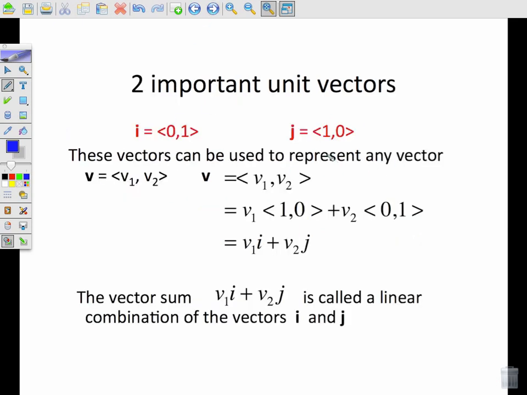Other important things before we lead into some of the operations and finding the unit vector is that there are two important vectors, and they are vector i and vector j. These are both unit vectors.